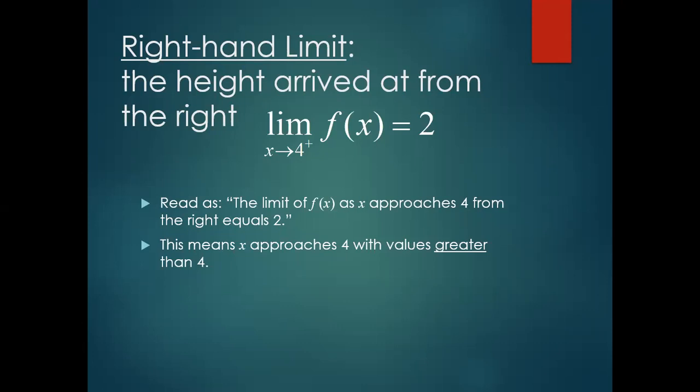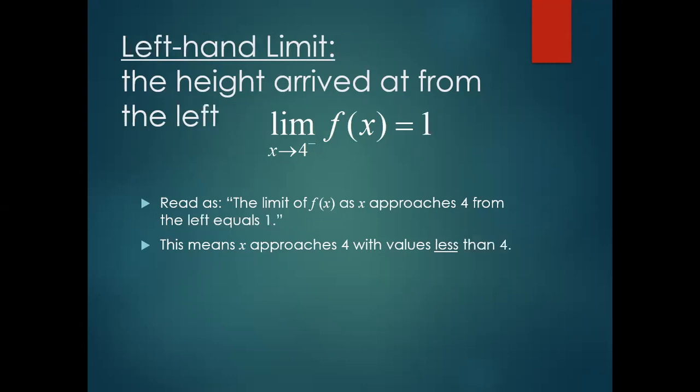Ibig sabihin ng x na may 4 and then may plus sign after the number, the x approaches 4 from the right. So this means x approaches 4 with values greater than 4. Ibig sabihin, ang iso-substitute natin na value ng x ay yung mga values from the right ng 4, greater than 4.